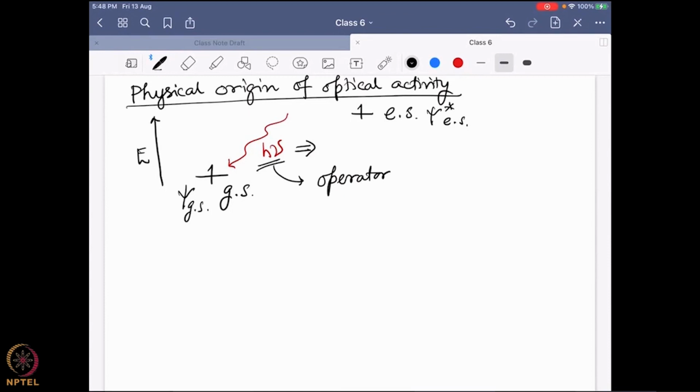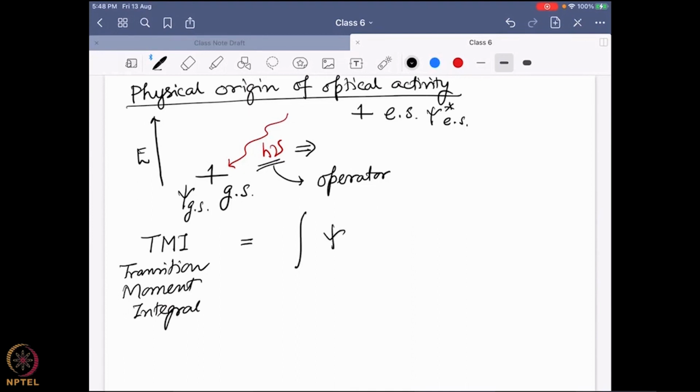And if I want to cover the probability of this transition, as we have already discussed, it is given by the transition moment integral, or TMI, which covers whether this configurational change is possible or not.